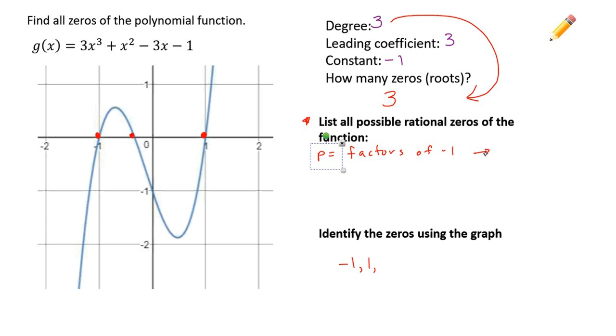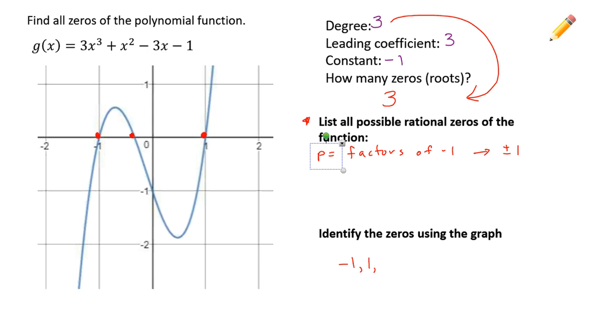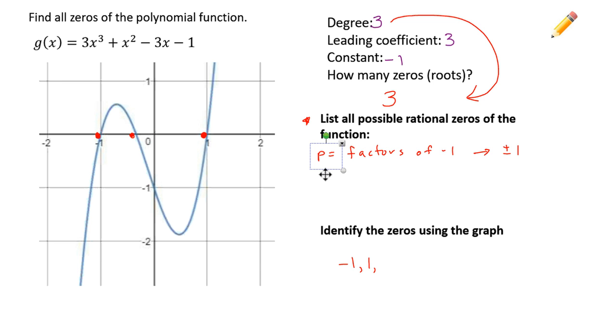There's not too many of those: plus or minus 1. Then our Q values are going to be factors of 3. Not very many of those either: plus or minus 1. 1 is always one of the factors, and then the number itself is also one of its factors.